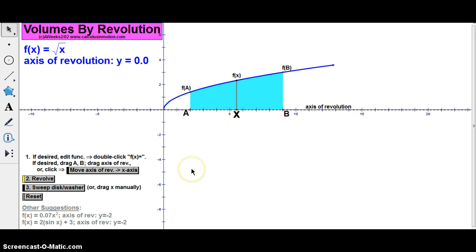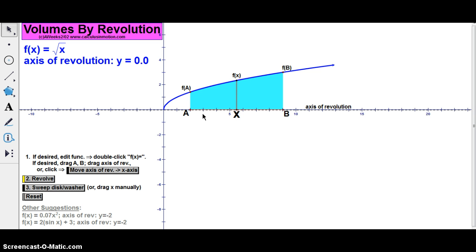This is a different function. Our function is the square root of x, and our a and b values are not listed, but we can see them on our graph here. a is 2, and b in this example would be 9. This animation is going to show you where it's going to be rotated.